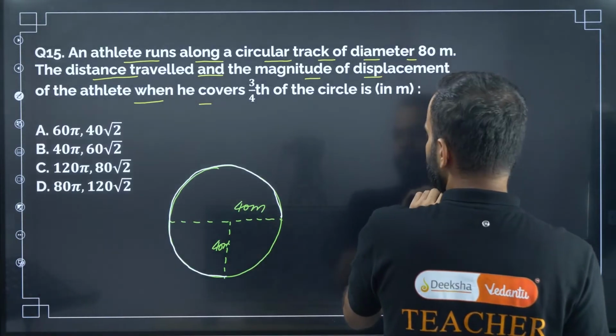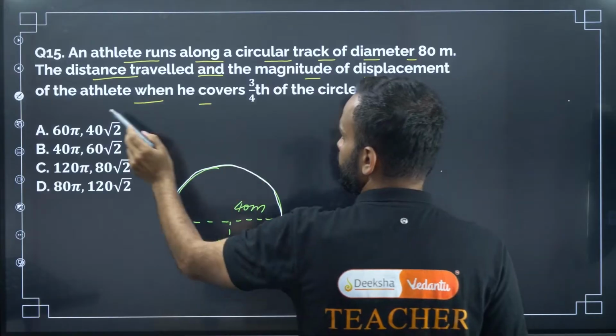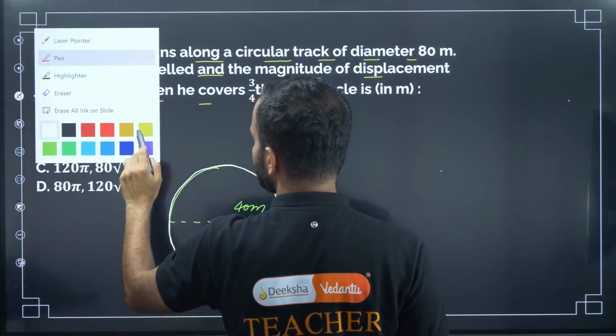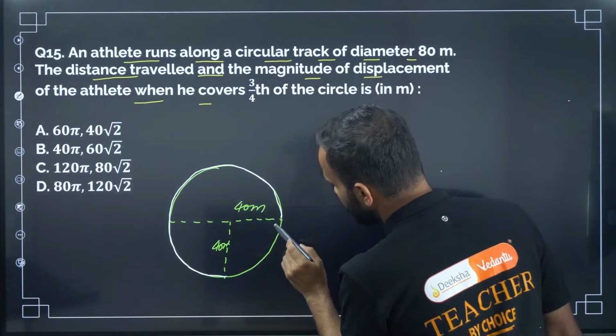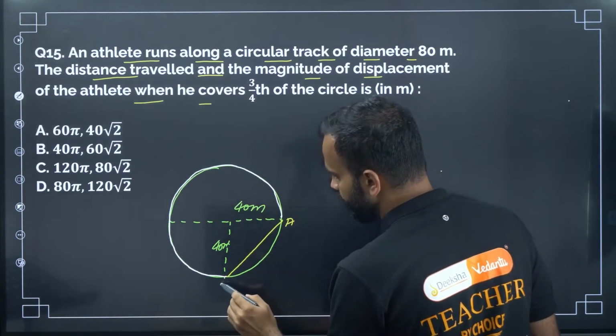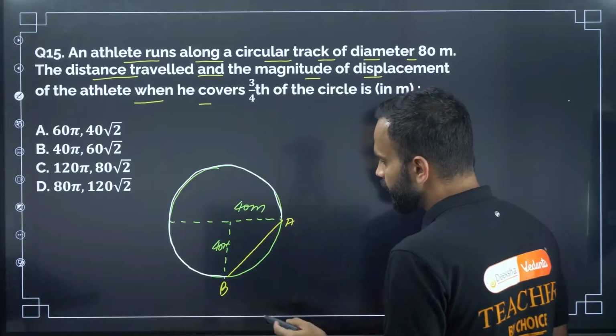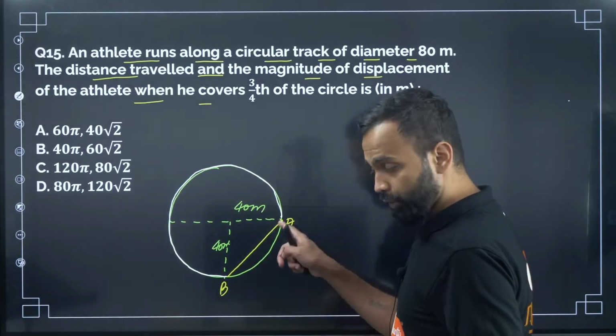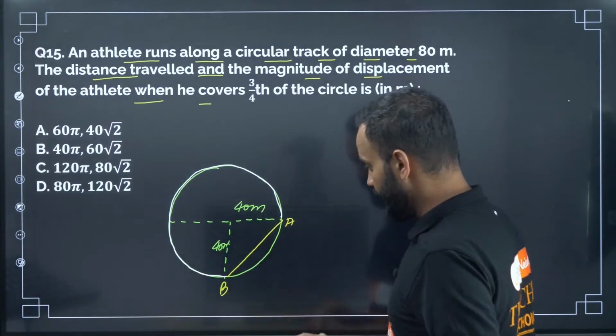So this is the starting point A and end point B, and this is the displacement.